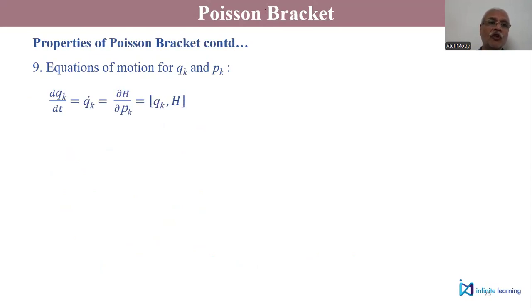Equations of motion for Q and P. So obviously, if you do dq by dt, that's q dot. Hamilton's equation says it's dou h by dou p. That would be the commutator of q with h. And if you do that with p, okay, that will be commutator of p with h.